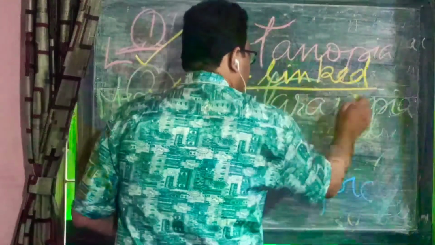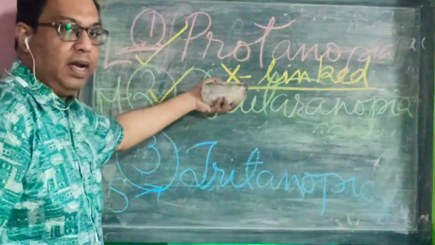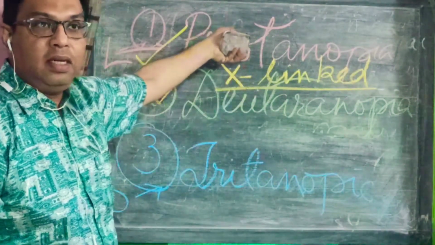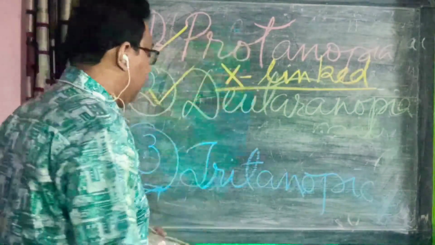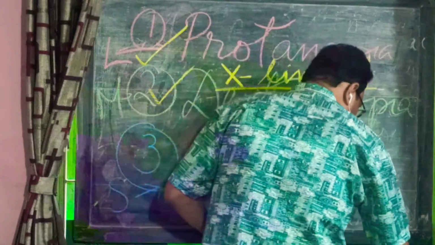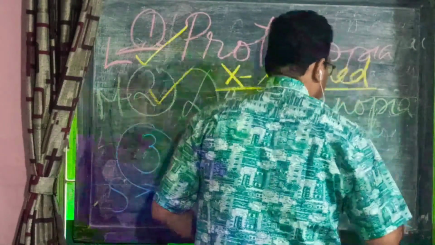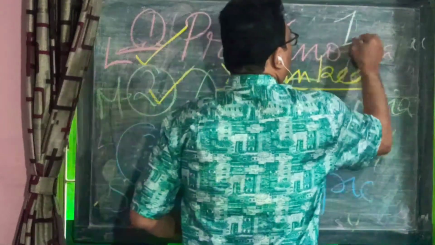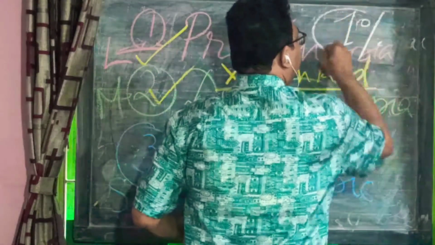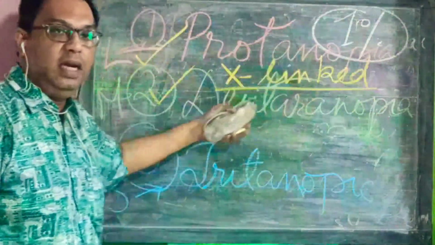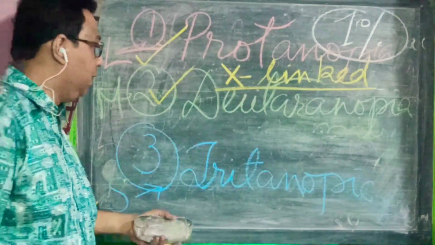So these varieties of color blindness, whereby the cones are either defective or absent, make up only 1% of the 8% that we talked about. So this is relatively a rare disorder.